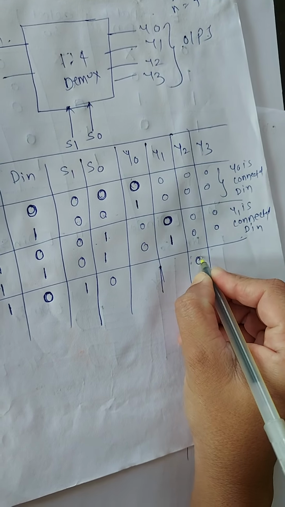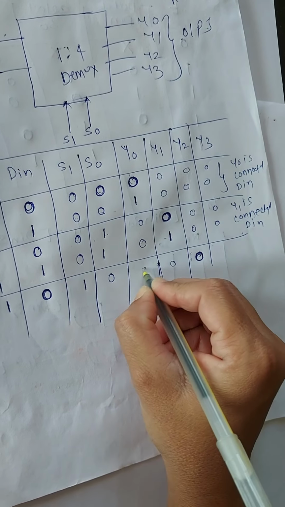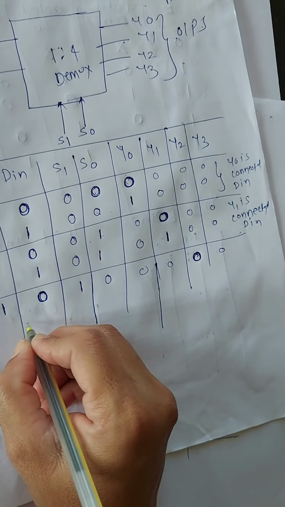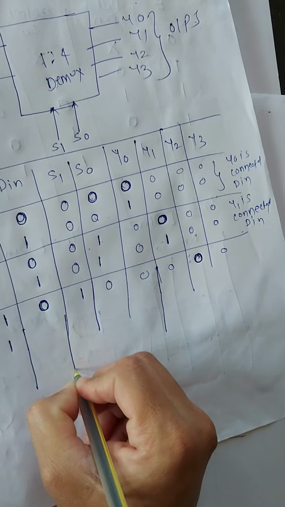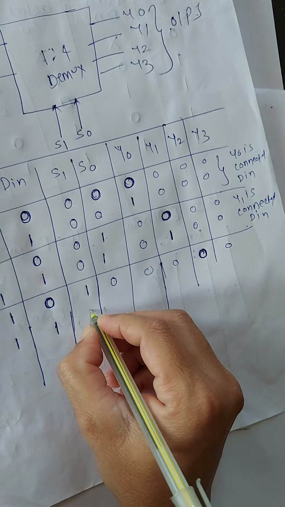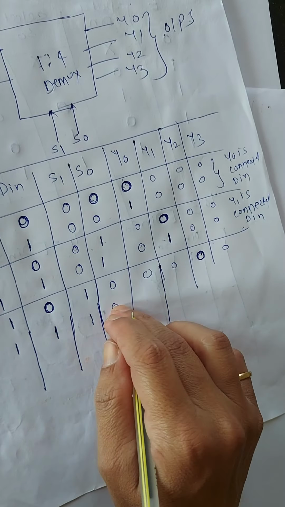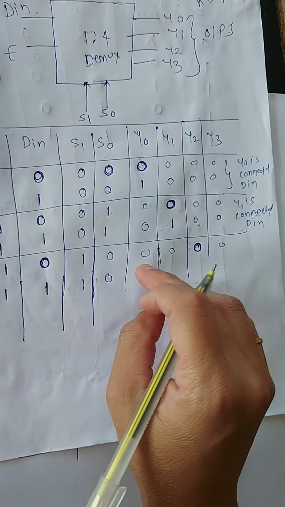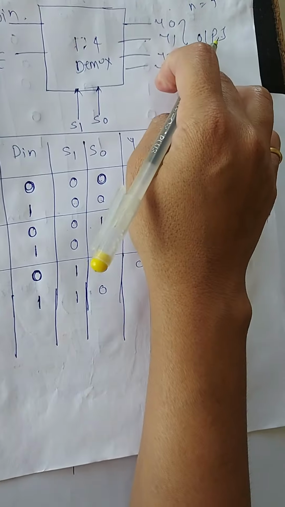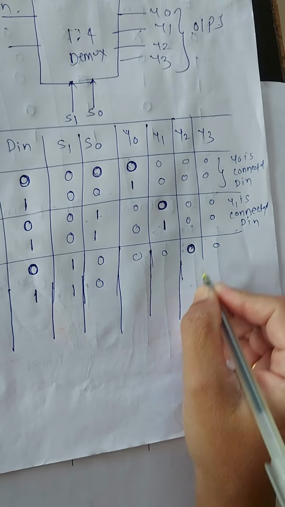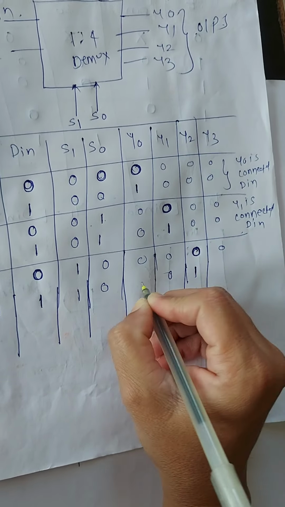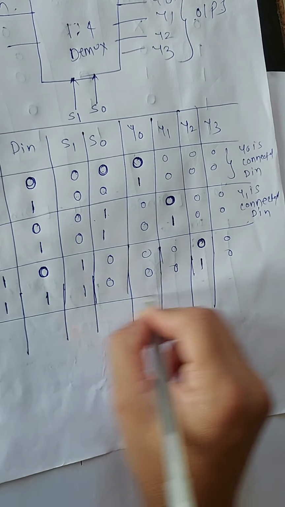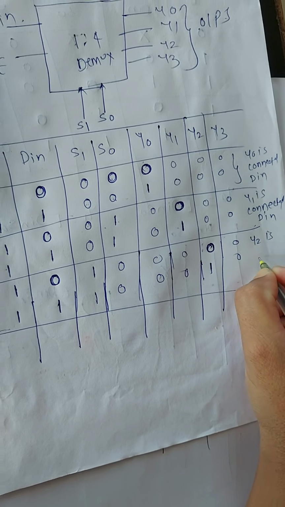When D in data is 1, enable is 1, and the select lines are 10, Y2 is the selected output. So for Y2, D in data is distributed, the output is 1, otherwise it is 0. This Y2 is connected to D in.